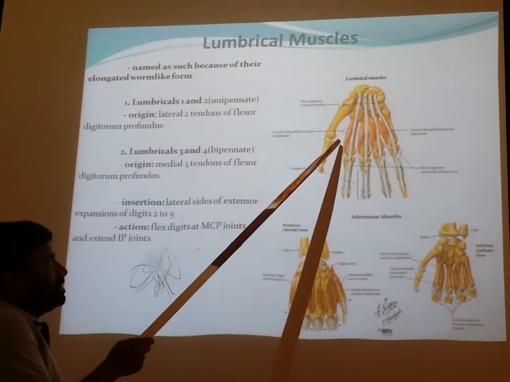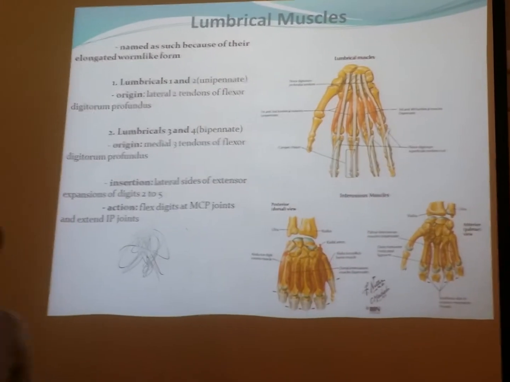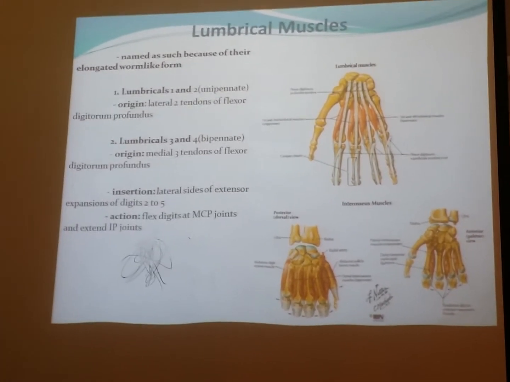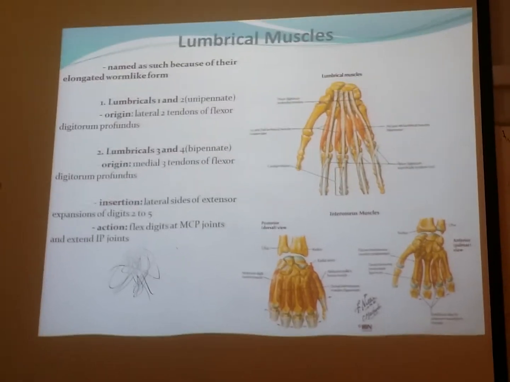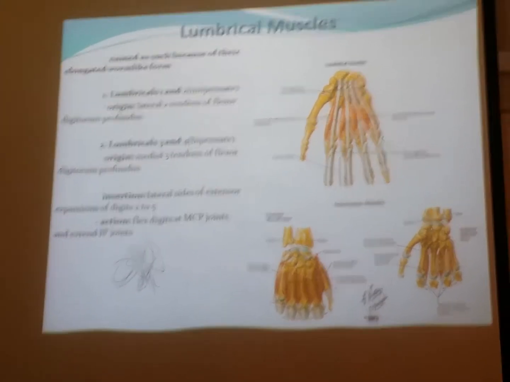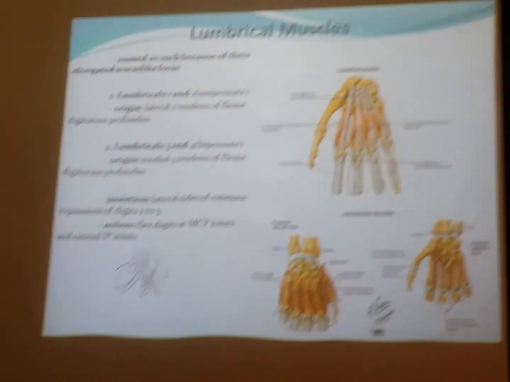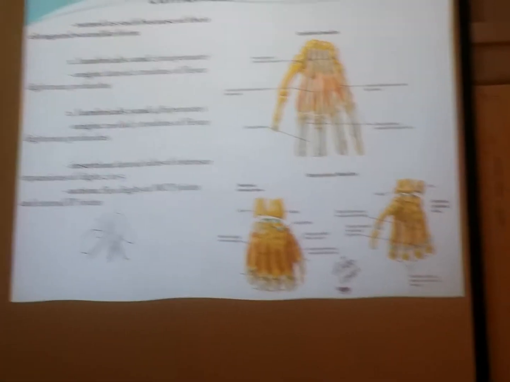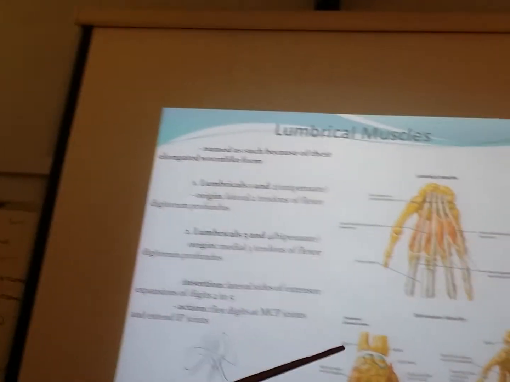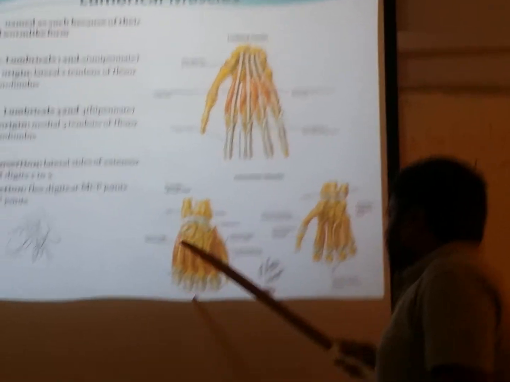Okay, if you observe this first and second lumbrical, they are unipinnate. Am I right? They are unipinnate. What do you mean by unipinnate? How do you classify the muscles? Yeah, I know. You can see if you look at this picture, you will understand it. Very clear here.